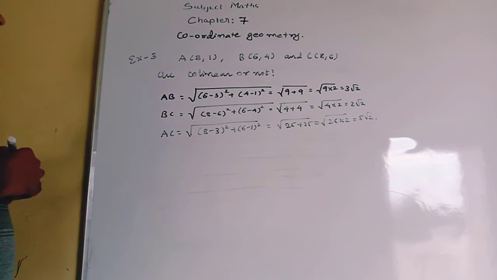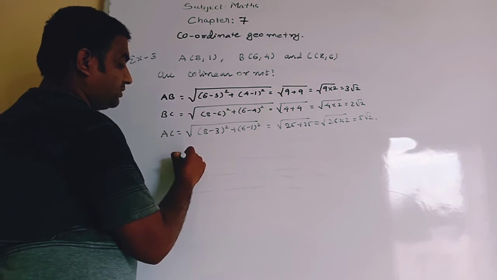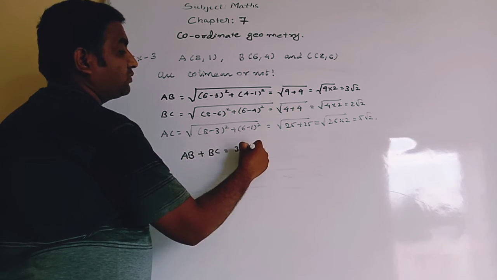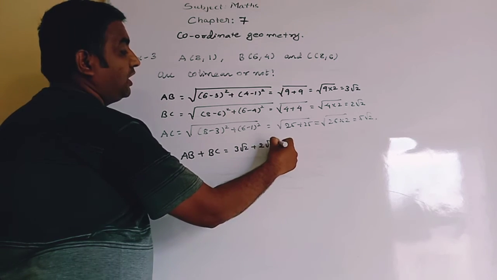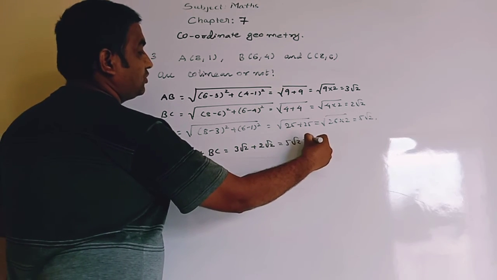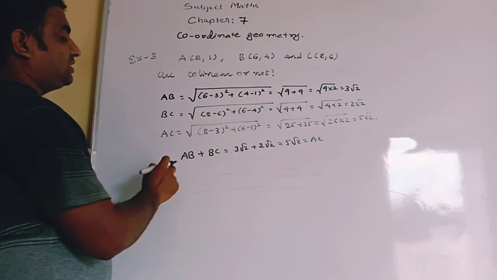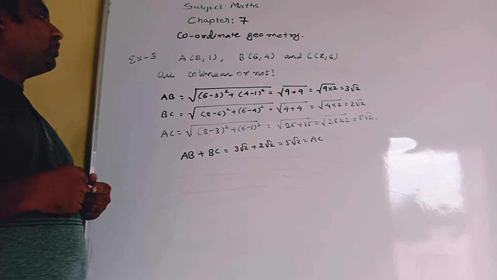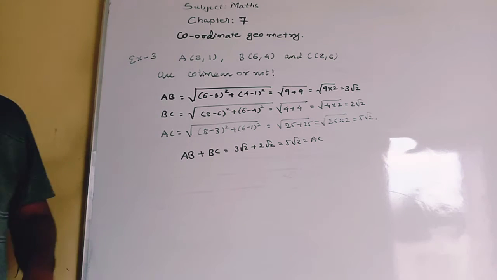So we can see here AB plus BC, 3 root 2 plus 2 root 2, becomes 5 root 2 equals AC, means AB plus BC equals AC. So B lies between A and C, and they are collinear points.